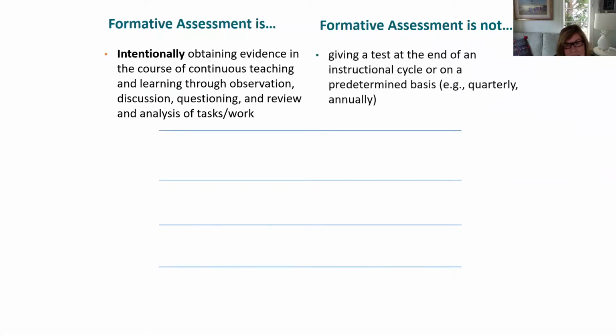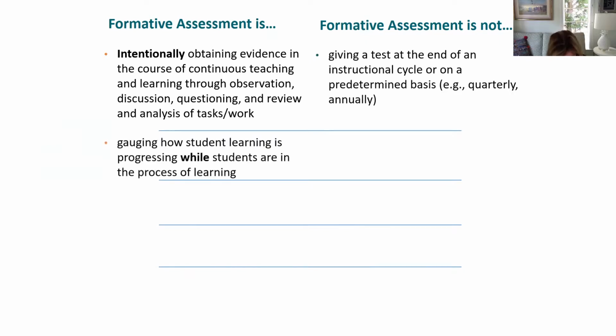It's not giving a test on a predetermined basis, for example, at the end of a quarter or the end of the year. Those tests, those assessments have different purposes. Their purpose is not to inform instruction day by day, as formative assessment is. And you'll see that there's various ways in which formative assessment information can be obtained while students are learning, through observing them, through discussing their work, through asking questions, and through a review and analysis of their work products.